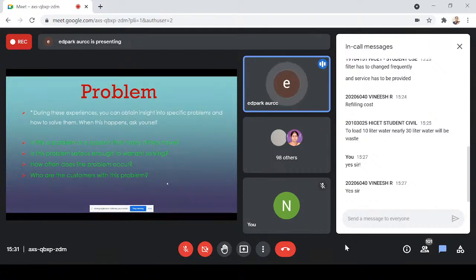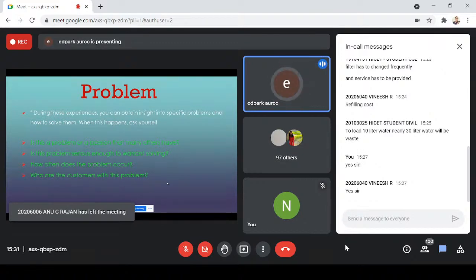As I said earlier, by bringing out those experiences, I could identify basic questions in my mind. If I take this as a problem in an RO, rapidly changing the filter will cost around 7,000 rupees.